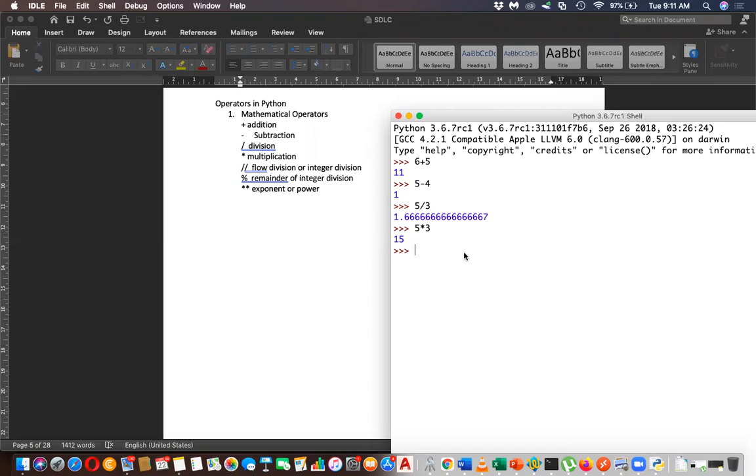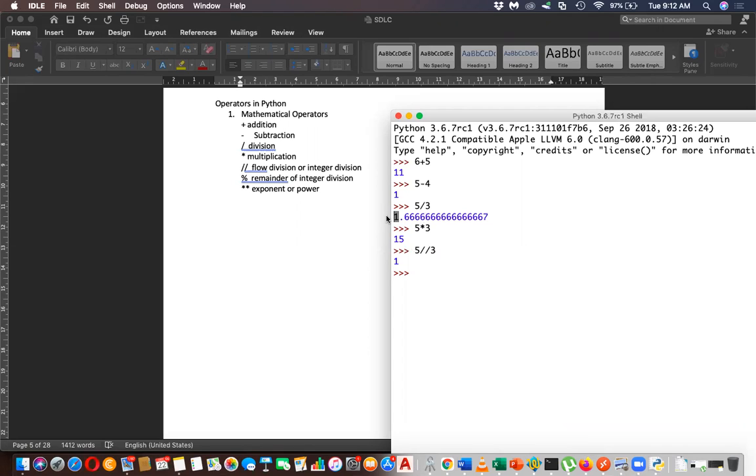And if it is like this, 5 floor divided by 3, you will get 1 because of integer division. It will give the integer portion of the division, not the floating point, only the integer portion, or we call it floor division. Why? It is giving you the least value.